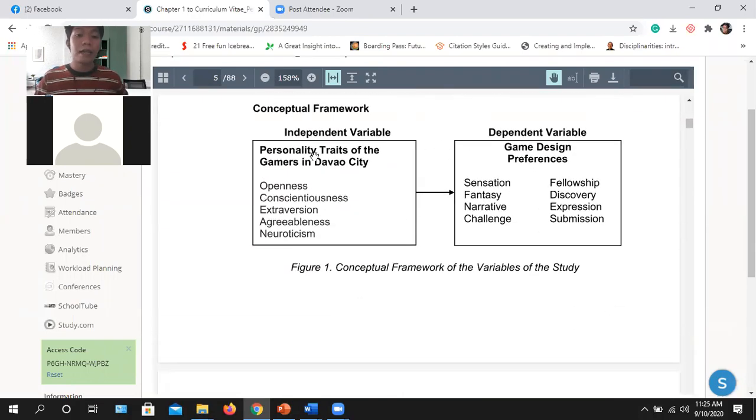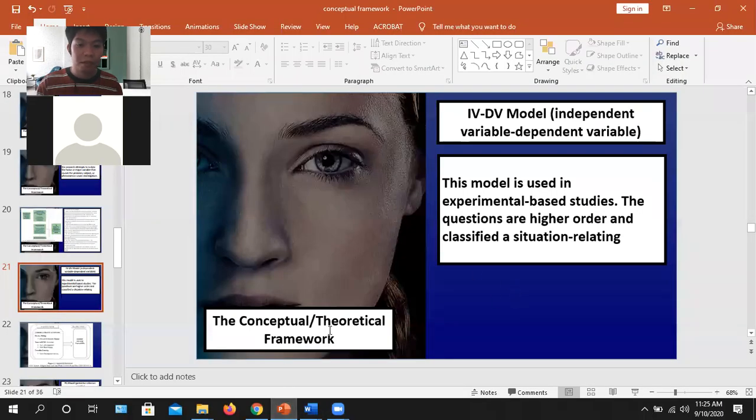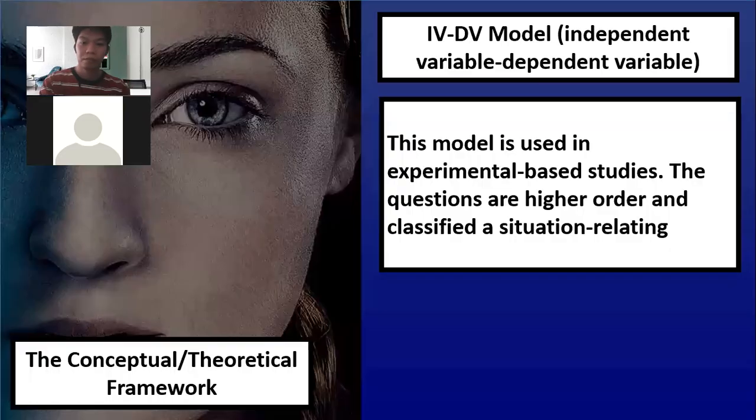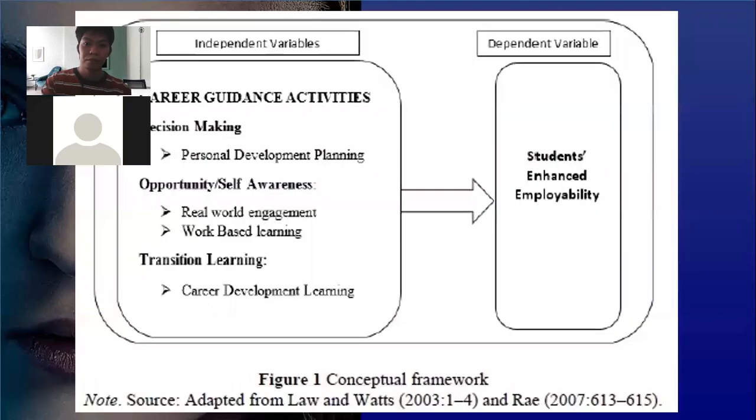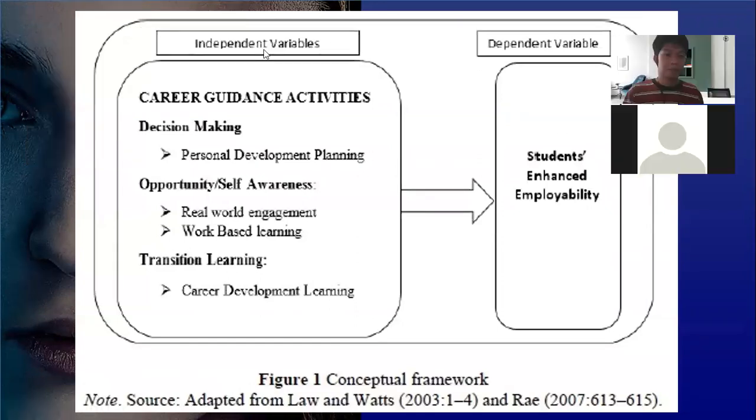Ito. This is an example of independent variable and dependent variable. So it shows the possible relationship between the variables present in the study. Halimbawa ito. So independent variables like career guidance activities, if it can affect the students' enhanced employability.